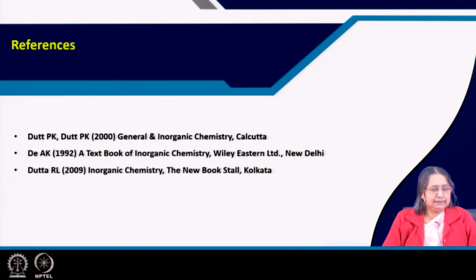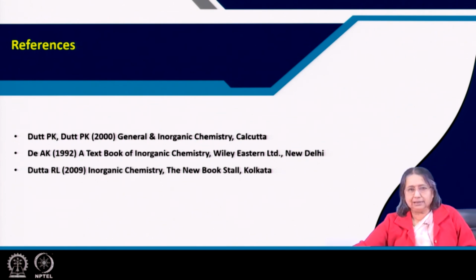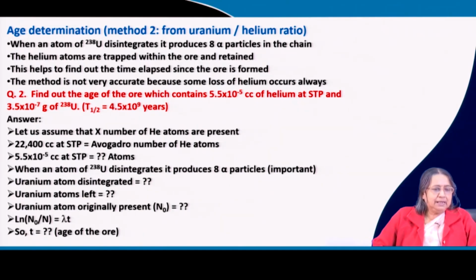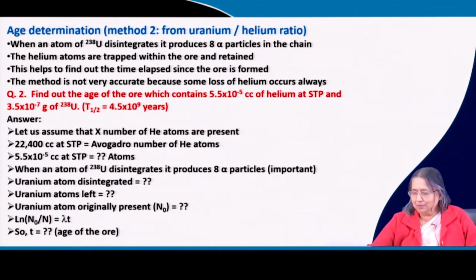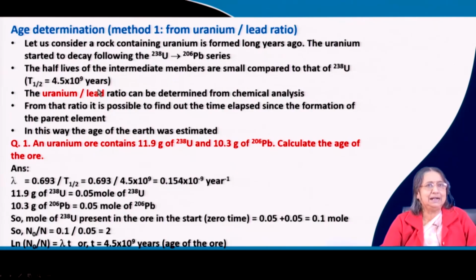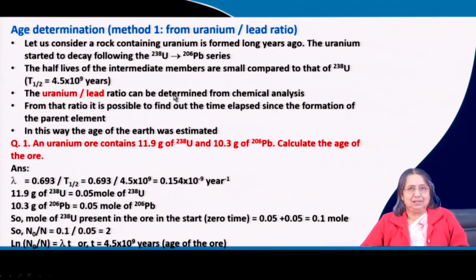Now, the references, the same references that I have already shown you, you can read from this book. Actually, the last two problems, in some books you will see that it is the age of the earth. It is written how to determine the age of the earth. This is also called geological clocks.